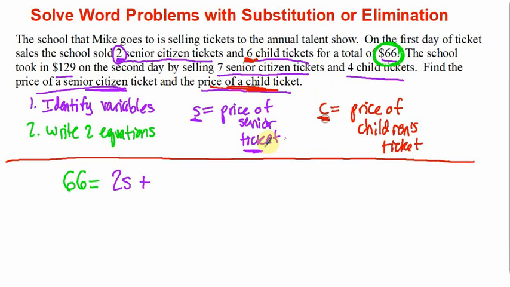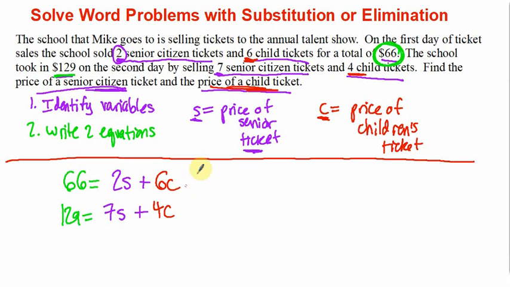We're selling them at C dollars each, so it's going to be 6 times C. That's the amount of money we make off children's tickets. Okay, same idea. On the second day, we make $129 selling 7 senior tickets. So we made 7 tickets times S dollars a ticket, 7S. And then we sold 4 children's tickets, so 4 times the price of a child ticket.